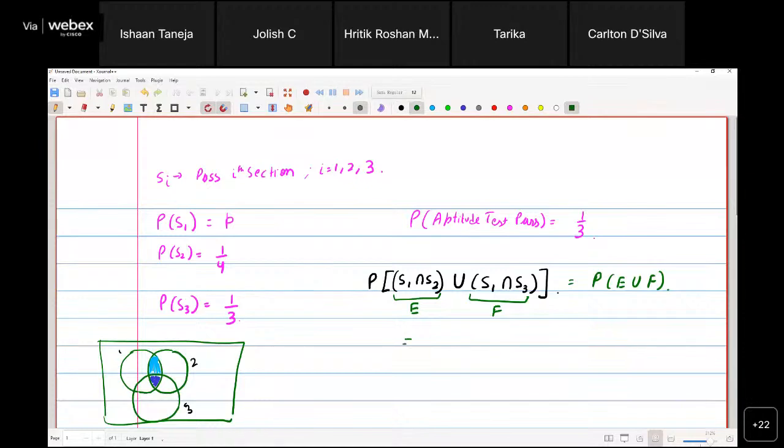So E union F, I can write it as probability of E plus probability of F minus E intersection F, right? This is the formula for A union B. So E is nothing but S1 intersection S2, and F is S1 intersection S3. What is E intersection F?